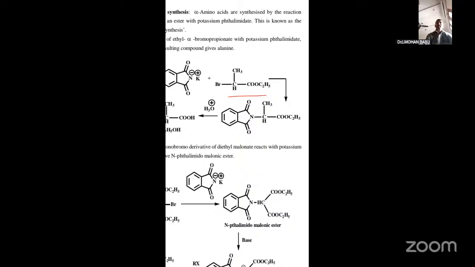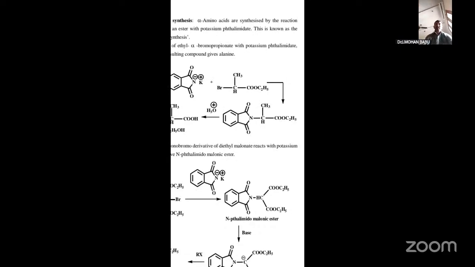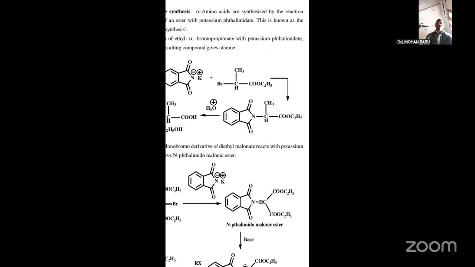Then it is treated with this bromo ester, alpha bromo propionate. This alpha bromo propionate gets substituted with the potassium salt of phthalimide, with loss of KBr.